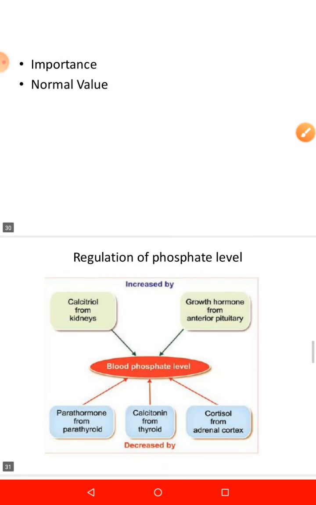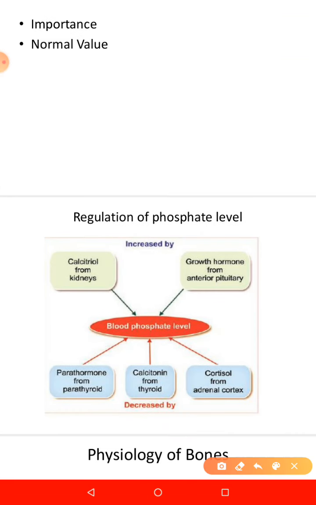So how is this phosphate regulated? What ensures that the levels of phosphate remain around 4 milligrams per deciliter? This diagram shows regulation of phosphate. Regulation is a very important concept in physiology. It's actually homeostasis. If there is disturbance in homeostasis, it results in pathological conditions or diseases.